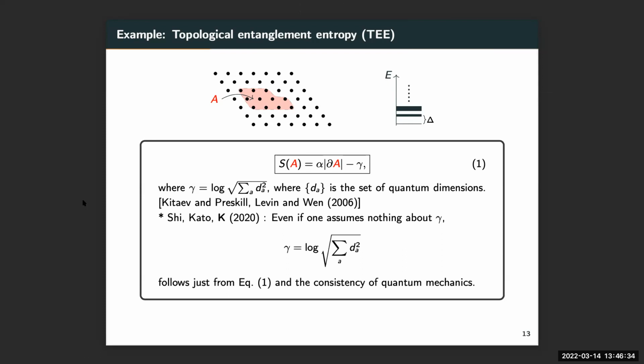Then what you can show is that just from this equation alone, and essentially just the consistency of quantum mechanics, it follows that gamma should have this form. Of course, if you make such little assumptions, it's not even clear what this d_A means. This entire thing is supposed to be the total quantum dimension, so it's not even clear what the quantum dimension means in this context.